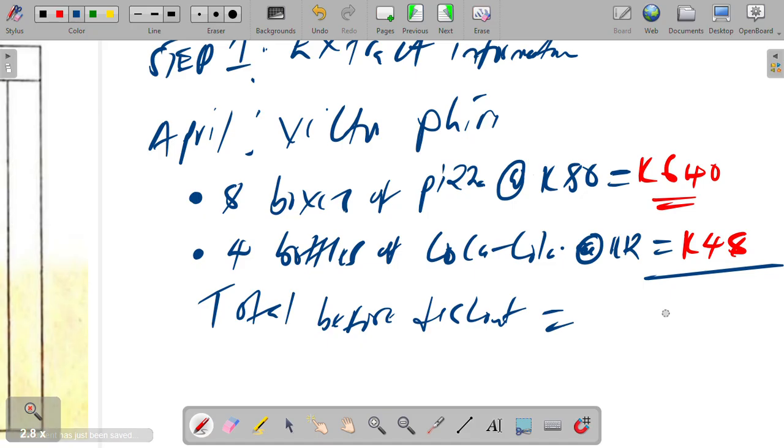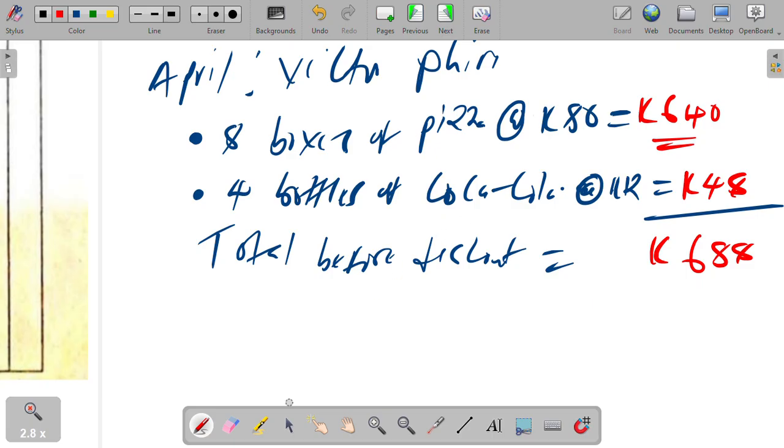What is the total before discount? 640 kwacha plus 48. What do we get? What's our total? Our total is 688 kwacha. So this is the total before discount.